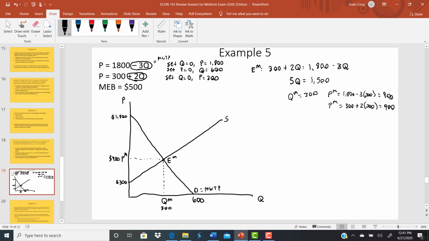All right, so with that in mind, we know what our equilibrium price and quantity are. Now we need to take into account that we have a marginal external benefit equal to $500 here. Again, this is given to you as part of the problem. So we need to calculate our marginal social benefit curve.